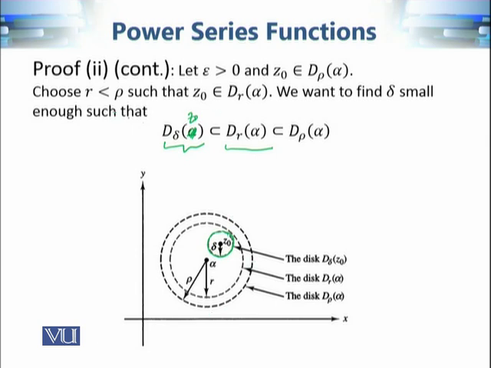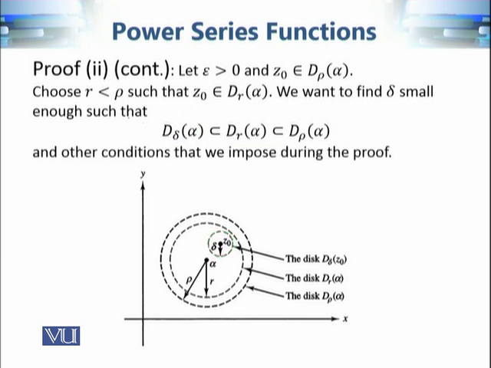We need to find this delta such that these inclusions are satisfied. Let me remind you again, given epsilon we want to find delta. The function is f of z minus f of z0 over z minus z0, and the limit is g of z0. Of course, during the course of our proof there will be other conditions imposed on j and the variable z.